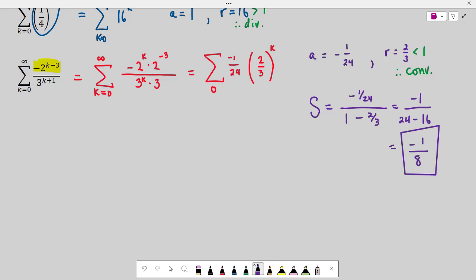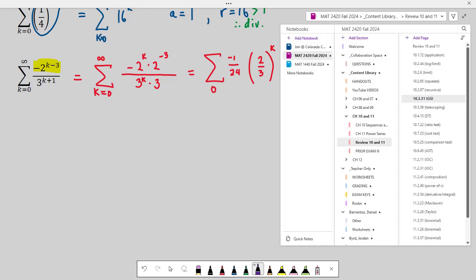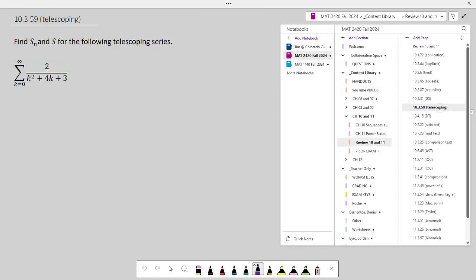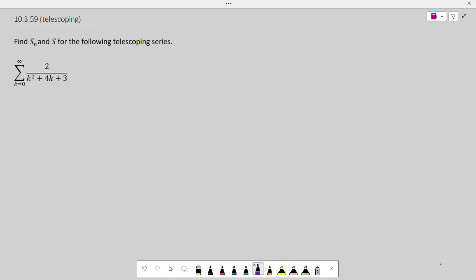So geometric series, super important. Telescoping. So these are our first two series that we were able to find S for. Geometric and telescoping, those are the two that we can find the actual series sum. Most we can't.